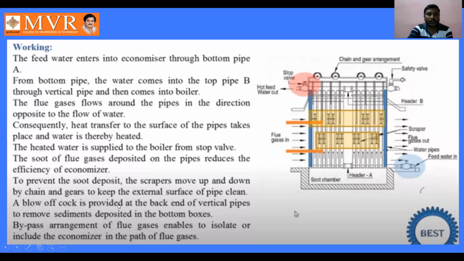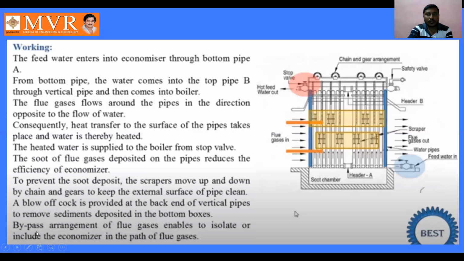See here, a blow off cock is provided at the back end of the vertical pipes to remove sedimentation deposited in the bottom boxes. Hence, the scrapers are used to collect the sedimentation formed on the tubes, and it leaves near the soot chamber, means the blow off cock near the bottom of the boiler.